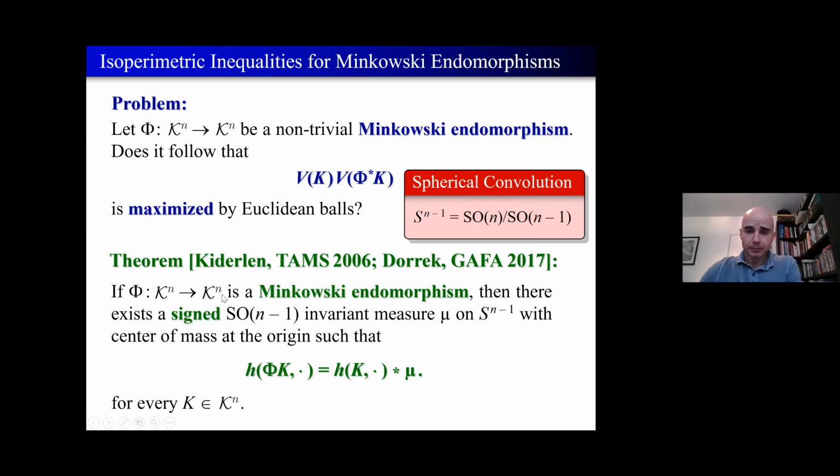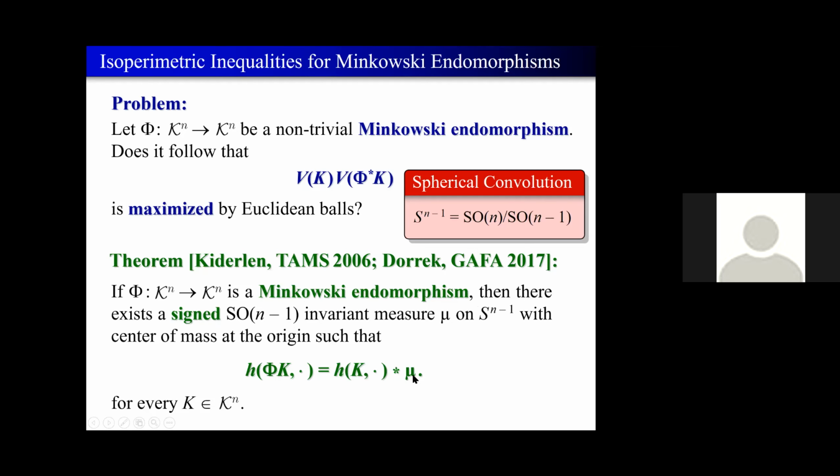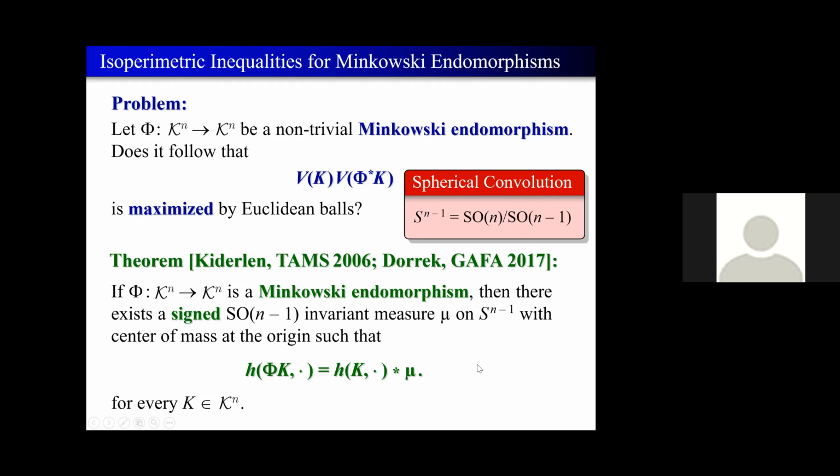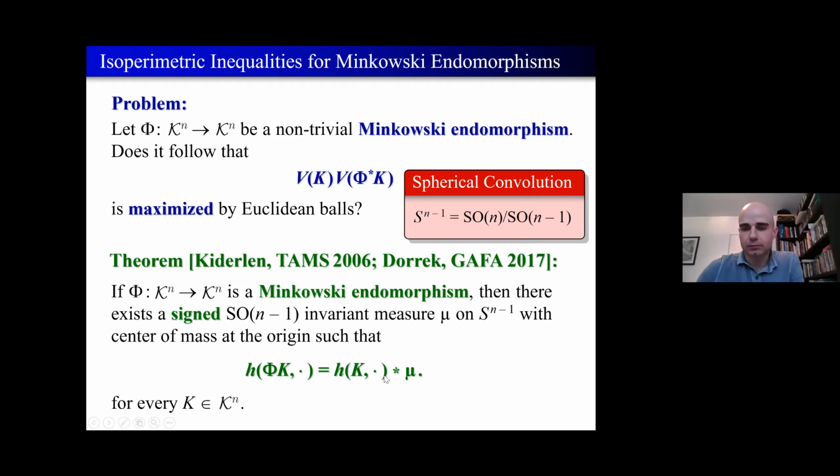So we know that we have this nice formula, but unfortunately, to this day, we still don't know which measures exactly generate Minkowski endomorphisms. We know that whenever you have one, you have a representation with a unique measure mu, SO(n-1) invariant with center of mass at the origin like this, but we do not know exactly which measures appear. Franz, sorry, but do you know which measures appear for the three examples that you mentioned? Yes, of course. For all the well-studied examples, the measures are clear.